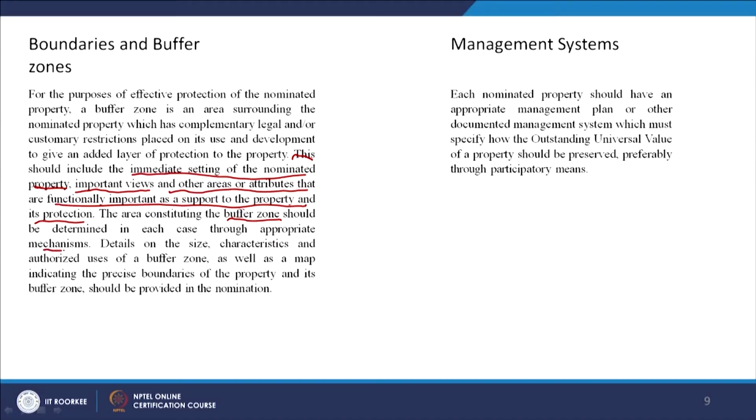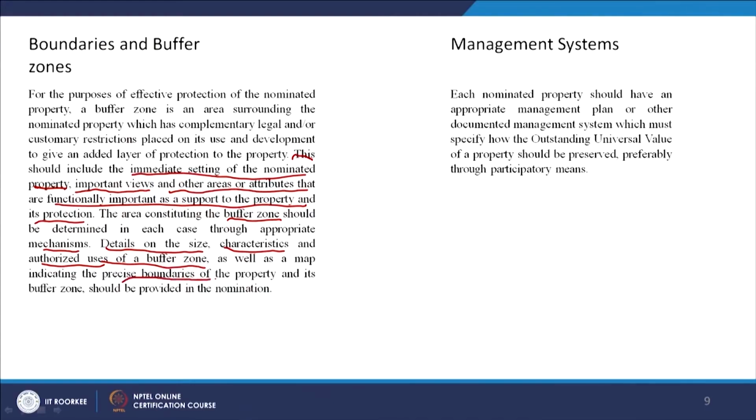And there are various mechanisms which have been developed, because it depends on the size, characteristics, and the authorized uses of the buffer zone. Because what is within the property limit, what is the core zone and what is the buffer zone, this indicates the boundaries of the property and its buffer zone.